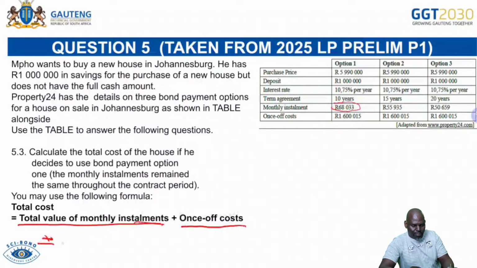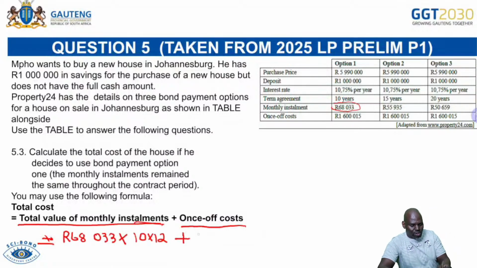So we can just do the substitution here. I'm going to take 68,033 rand. I multiply by the number of months. The number of months I've already calculated, or you can just say 10 times 12, or you can just say 120. And then we say plus once-off cost.